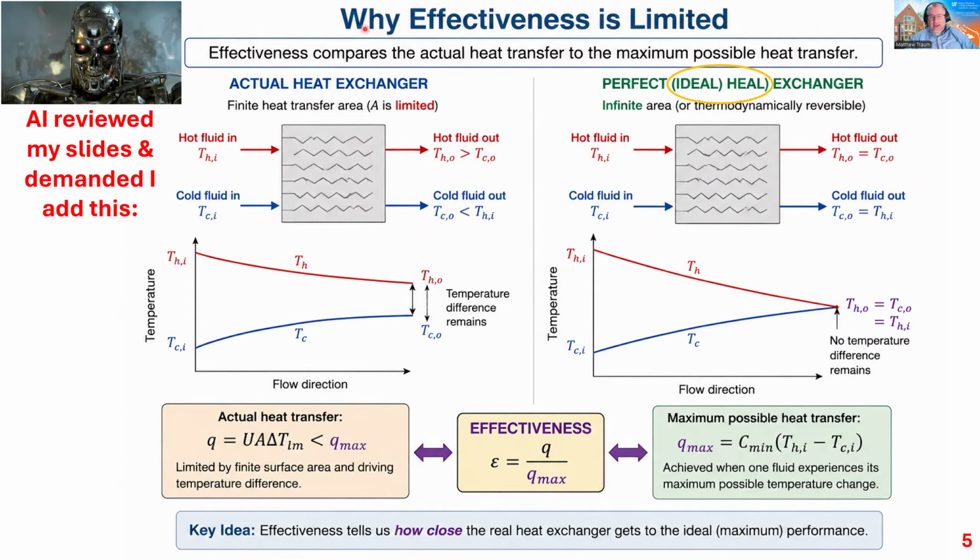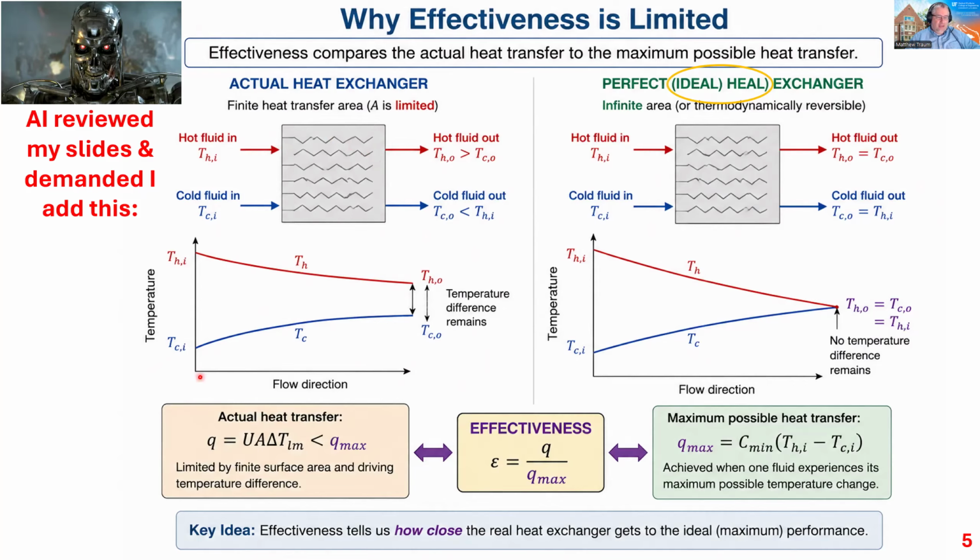Here's my AI trying to force this on me and you. So the AI would like you to understand why effectiveness is limited. Effectiveness compares the actual heat transfer to the maximum possible heat transfer. I think you guys got that. So here's what's happening in a real heat exchanger. You have the fluid on the high side, the hot side, entering and leaving, and the fluid on the cold side entering and leaving, transferring thermal energy internally.